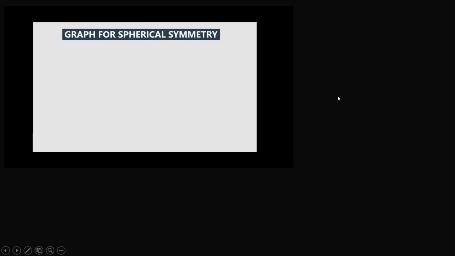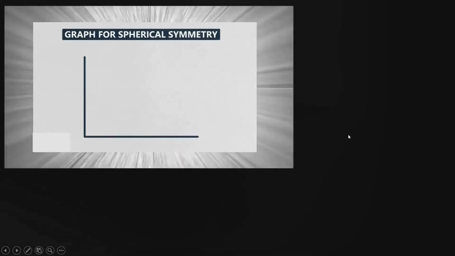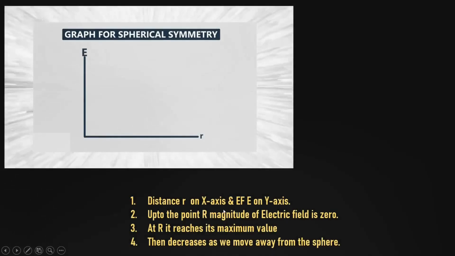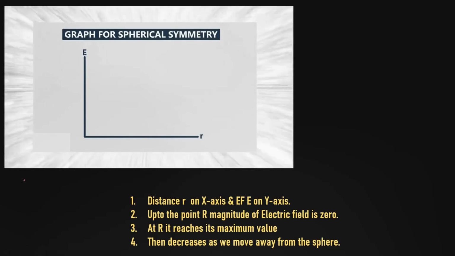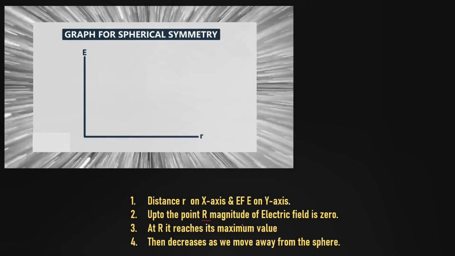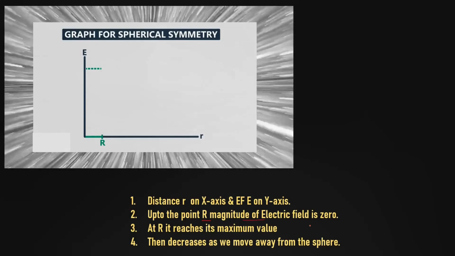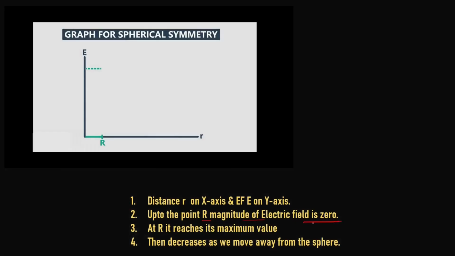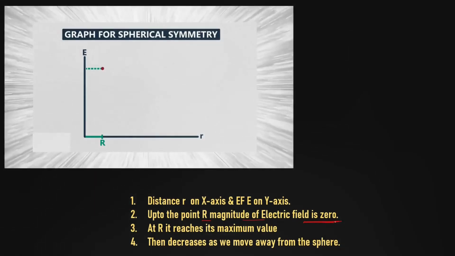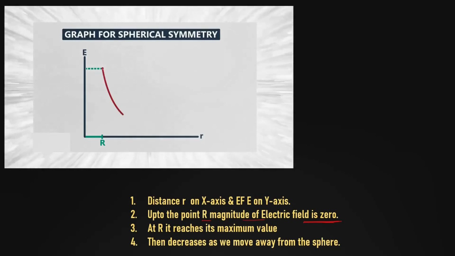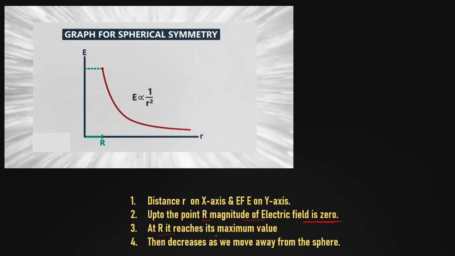Now let us study the graph for the spherical symmetry. For that we have the graphical representation. Here we choose r on the x-axis and electric field on the y-axis. Up to the point R, the magnitude of the electric field is 0, that is, at a point inside the shell the electric field was 0. So our graph starts from here. At capital R it reaches its maximum value: whenever the point is on the shell, the electric field intensity has its maximum value, represented by this particular point.